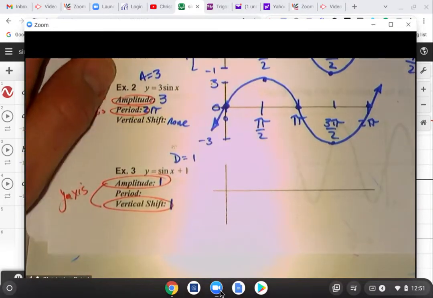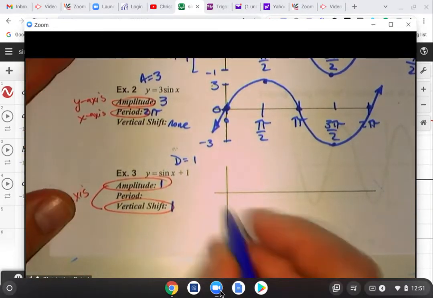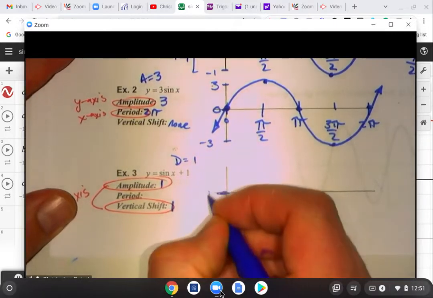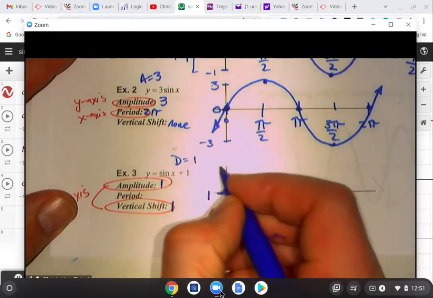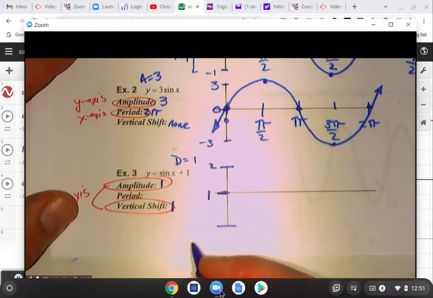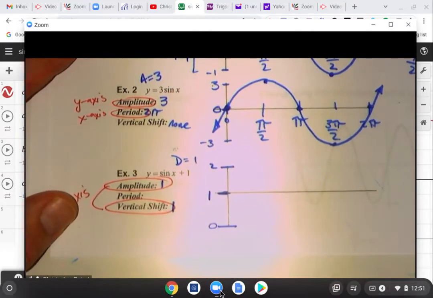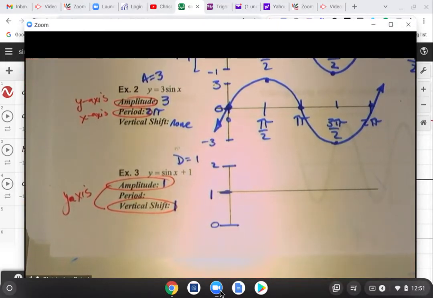First thing I do is my vertical shift. Normally I start at 0, but now I'm going to 1. And now I count up and down my amplitude. So if I count up 1, that puts me at 2. And if I count down 1, that puts me at 0. So when I'm doing this by hand, I just make this my new axis.